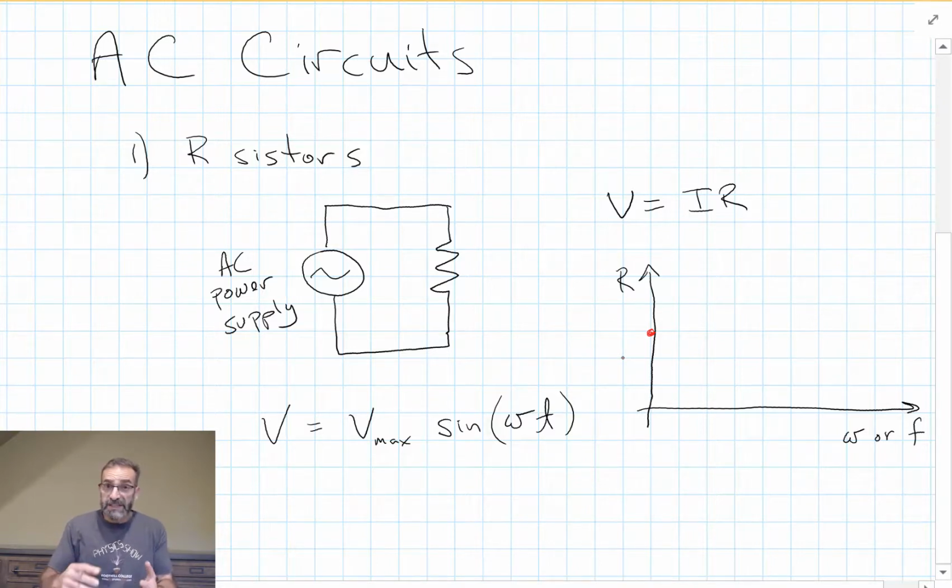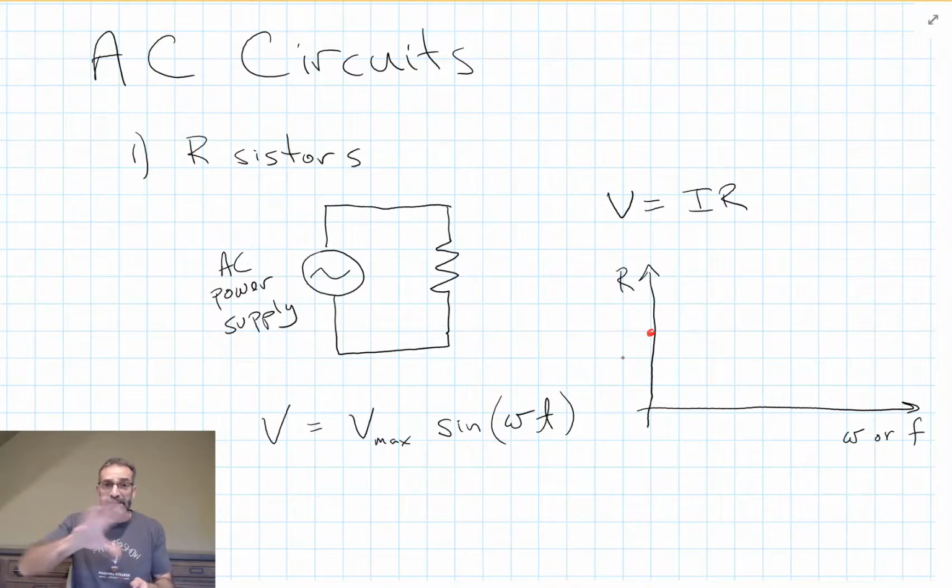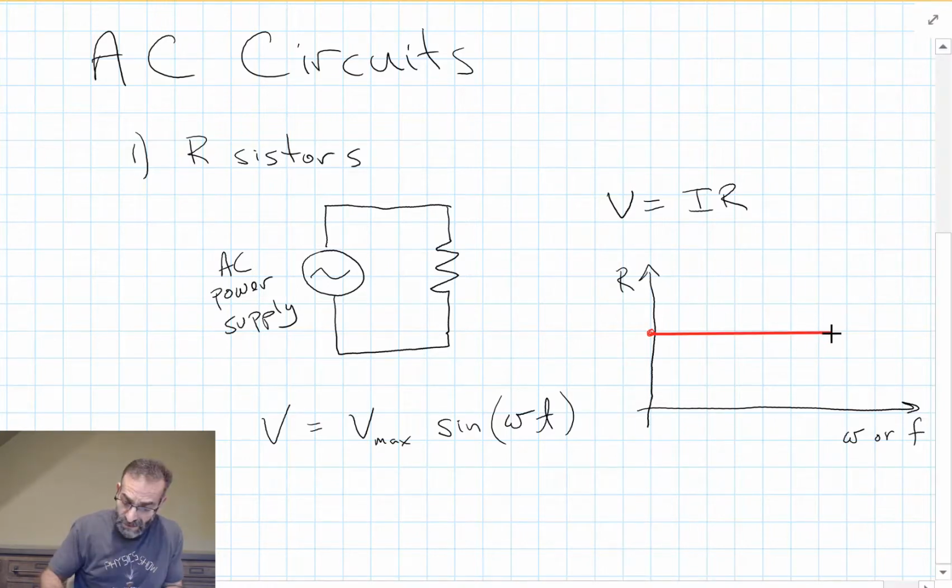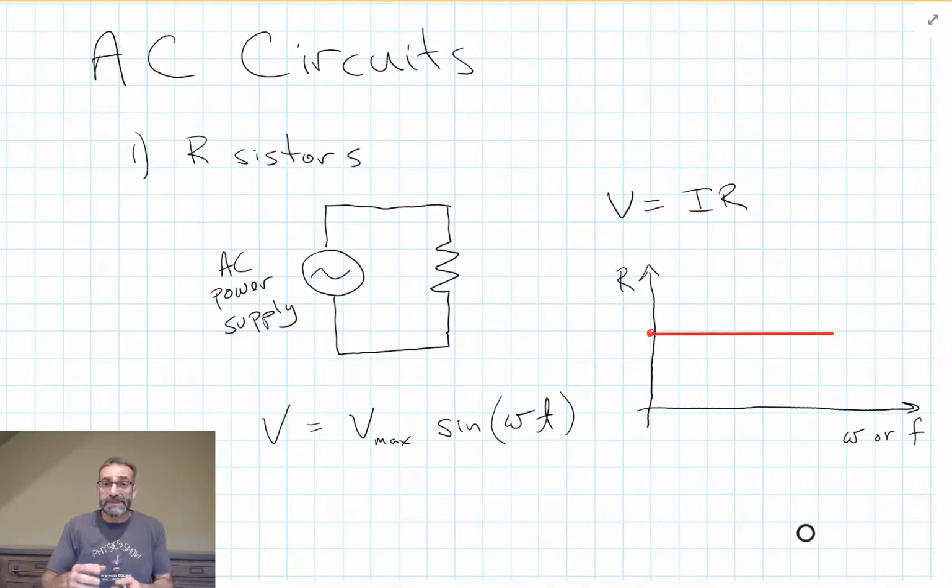And then I increase my frequency so it flips 5 times every second. The resistance still has the same effect on the flow of charges. Now I flip it 50 times every second. It still has the same effect. The resistor's effect on the charges moving through the circuit does not depend on the frequency that the power supply is switching.